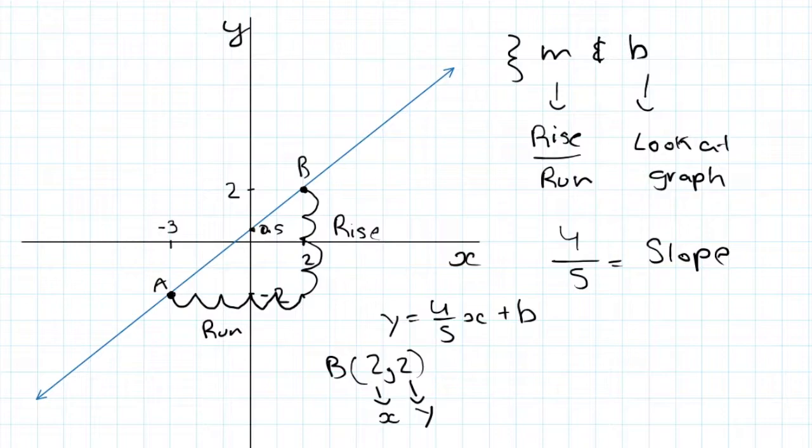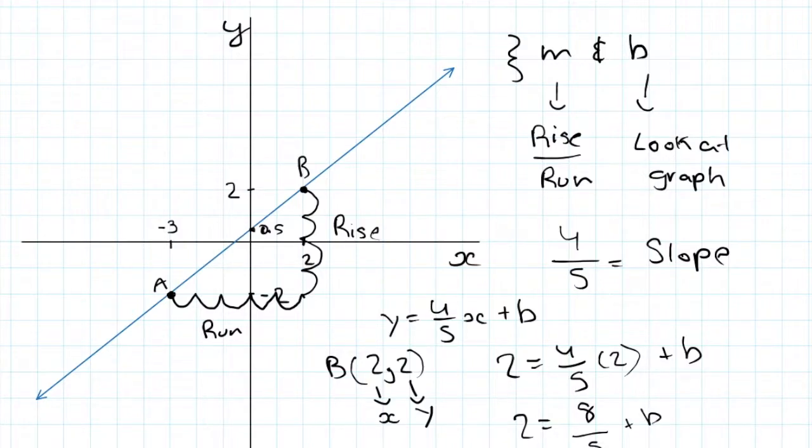So let's sub both these values in, and we can say that 2 is equal to 4 over 5 times 2 plus b, right? So after that we can begin to solve this equation further, and we can say that 2 is equal to 8 over 5 plus b.